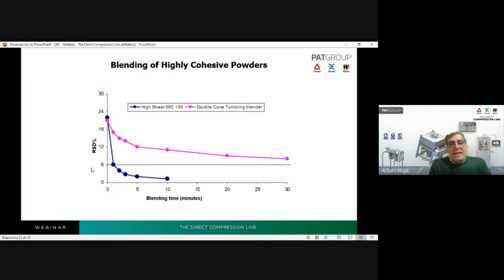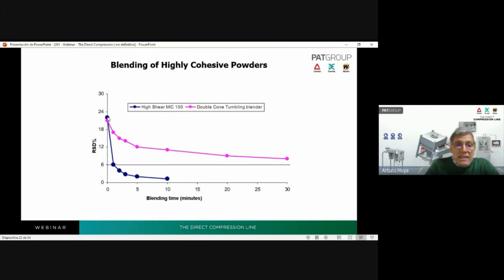So it's clear that in this case, first of all, these are highly cohesive powders. This is very important to say, because in this case, the difference is very notable, because tumbling blenders are not capable of reducing the dispersion, because of low shear in this type of blender.